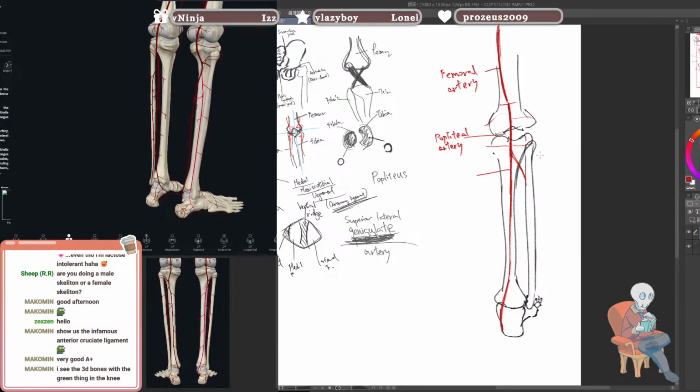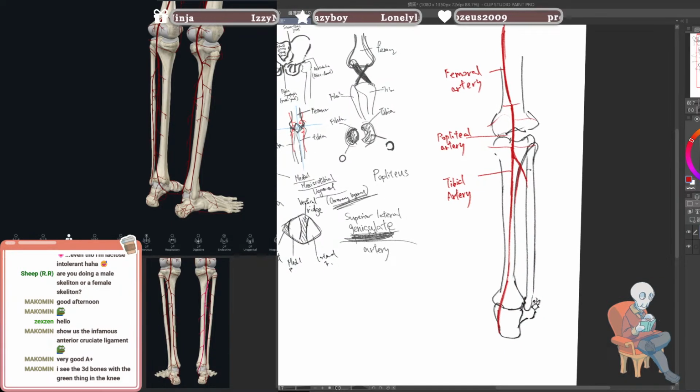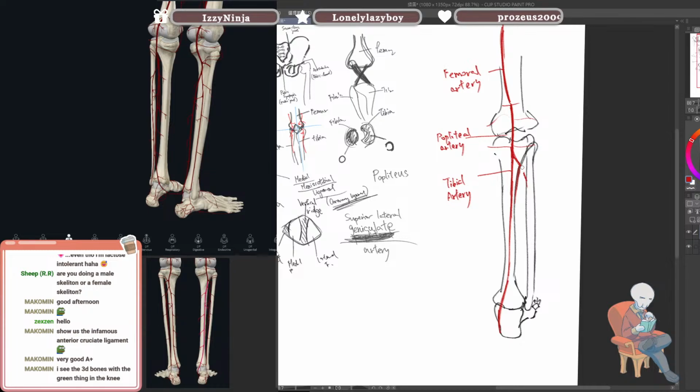And what is this called? Nothing. Okay. Let me reorient. This part is called the tibial artery because it's behind the tibia. But there is also one that goes to the front of the tibia, so it's also called tibial artery.